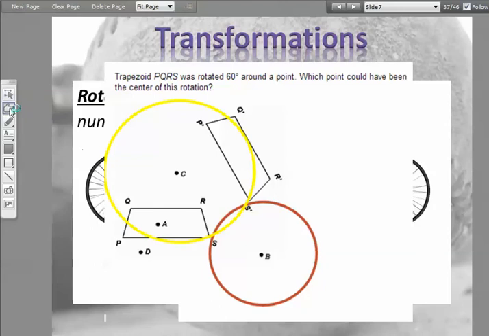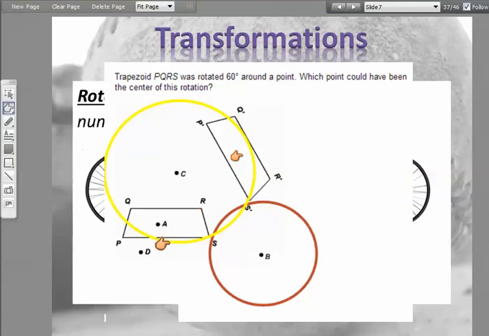Okay, now I can help you with this rotation. If you look right here, it says trapezoid PQRS was rotated 60 degrees around a point. Which point could have been the center of its rotation? Well, C looks really pretty because it's right there in the middle, but if you look at this yellow circle and compare it to this trapezoid, it is all over the place.